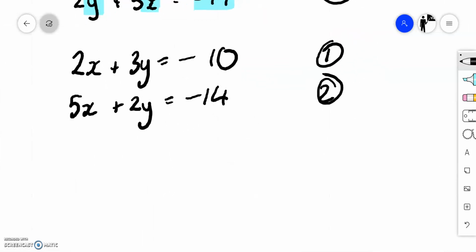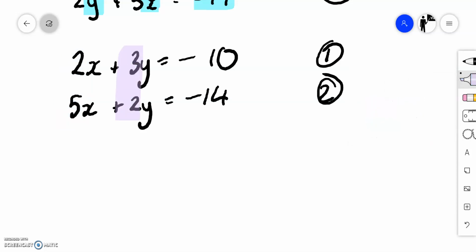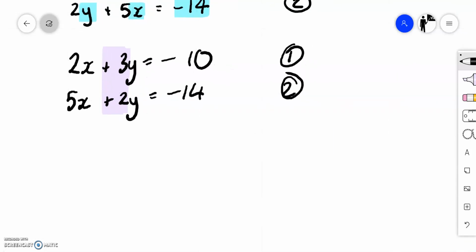So I can choose what I want to do here. I can choose to eliminate the x's, or I can choose to eliminate the y's. If I choose to eliminate the x's, it makes sense that the number I'm aiming for here is 10. I could choose to do that. I'm going to choose to do the y's, however. I'm going to choose the y's because the lowest common multiple of 3 and 2 is 6. So I can manipulate both these equations in order to get a 6 there.